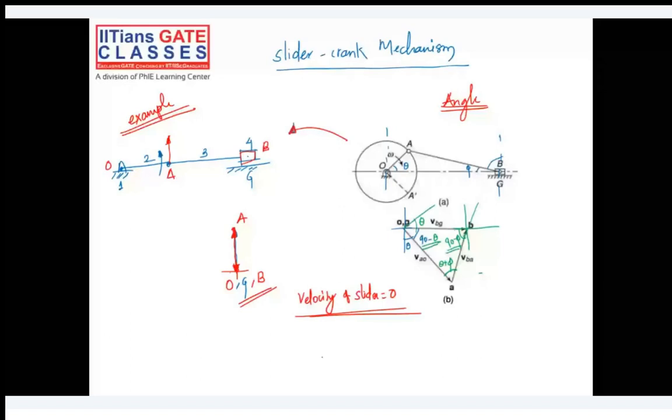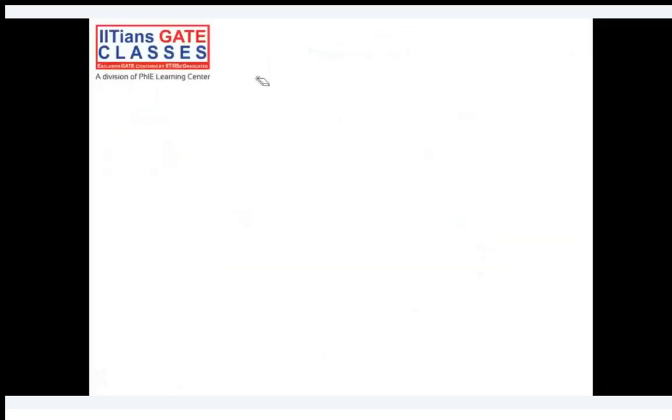Let me just check if I have any other special things to explain. So from this, can you tell me how this velocity diagram will look if I have this kind of position of slider crank mechanism? I want just the shape, don't go into the details much, just to understand your knowledge till now, whatever you have understood.